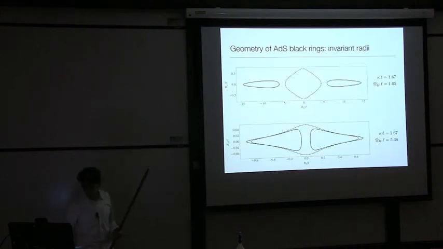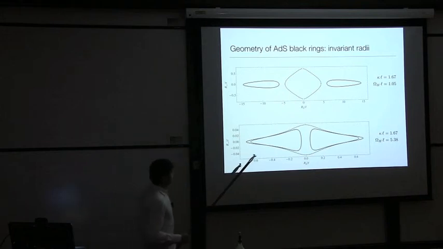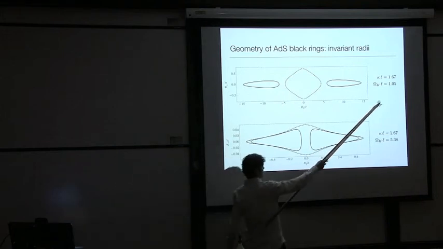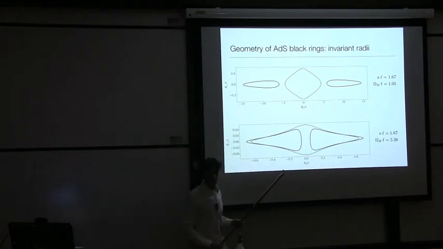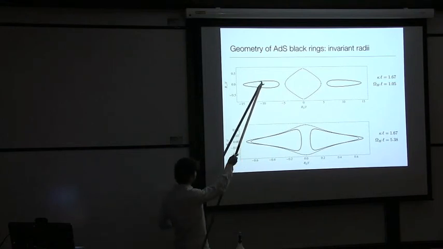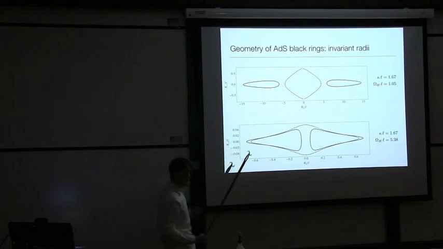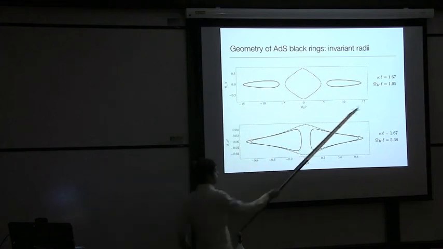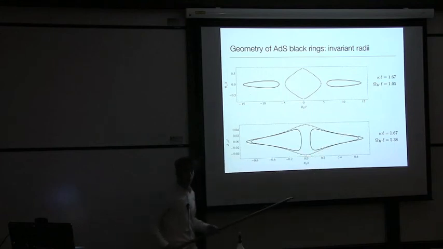As you keep approaching this critical value, these rings spread more and more on the plane of rotation, whilst the thickness in the transverse direction asymptotes to a certain value, which depends on the temperature.